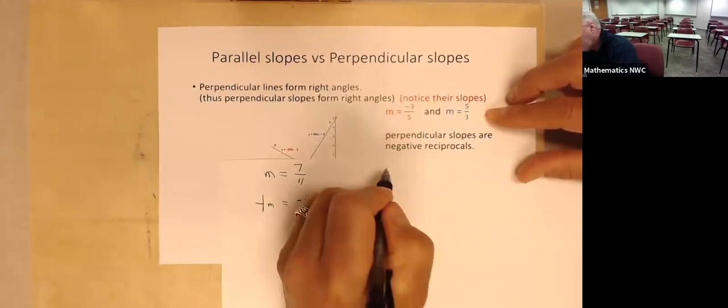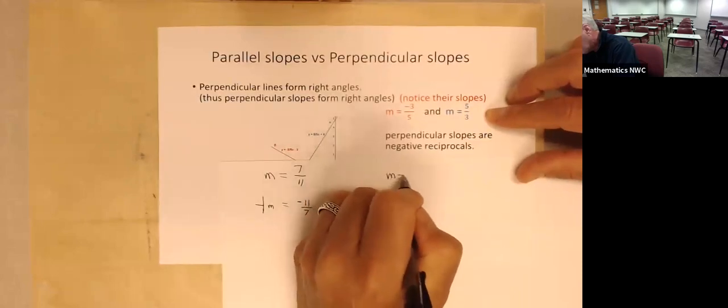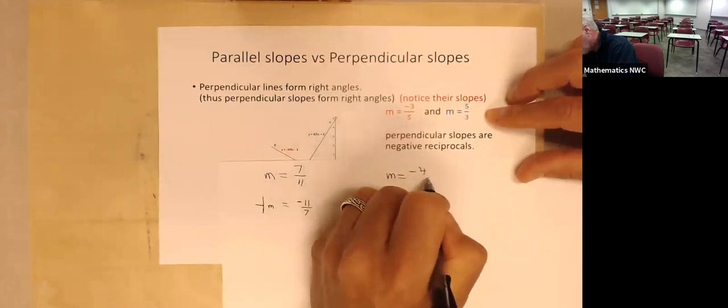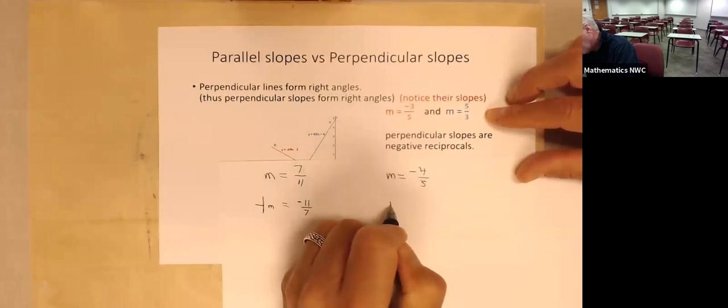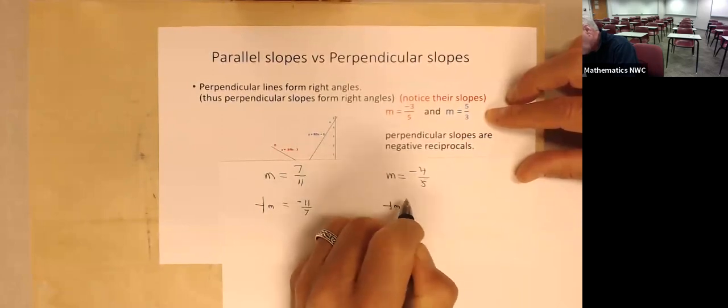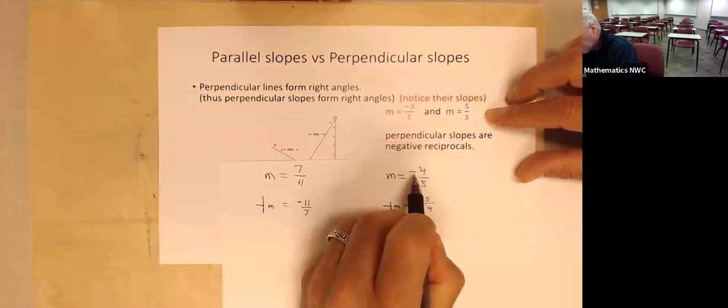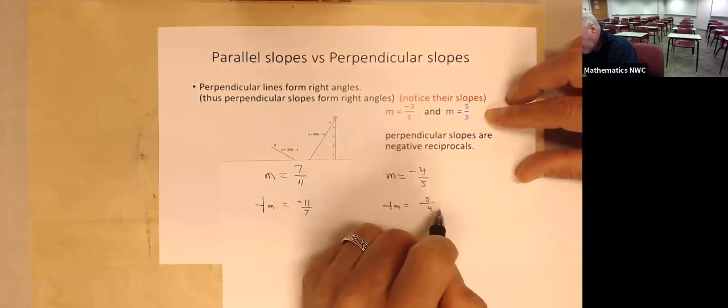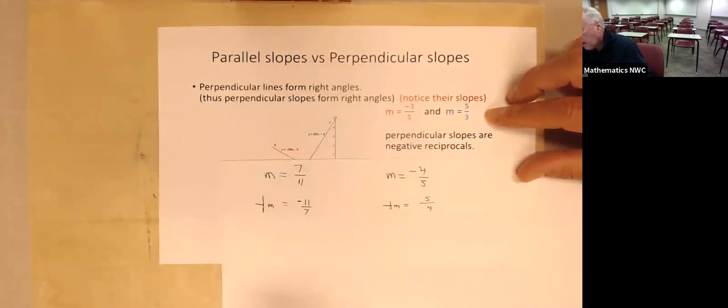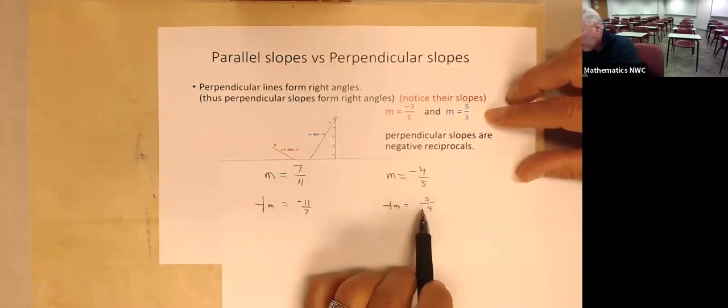If, for example, my slope was a negative 4/5, for the perpendicular slope I would take the reciprocal, 5/4. This one was negative, which means the negative of that would be a positive. So one negative slope, one positive.